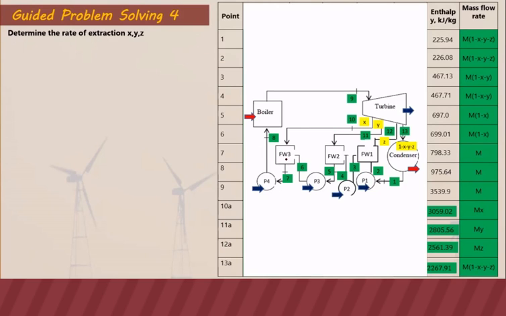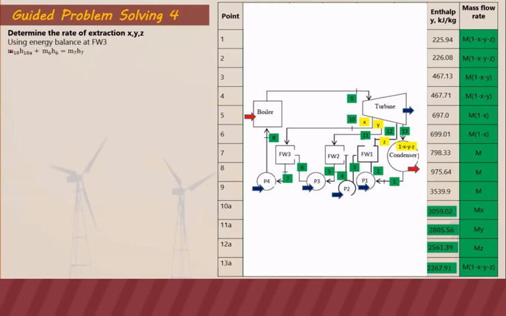First, at feed water 3, we have entering at point 10 M10H10, at point 6 we have M6H6, and leaving at point 7 as M7H7. So using energy balance, energy in is M10H10A, so we are going to use the actual value at point 10, plus M6H6, equals the energy out, which is M7H7.